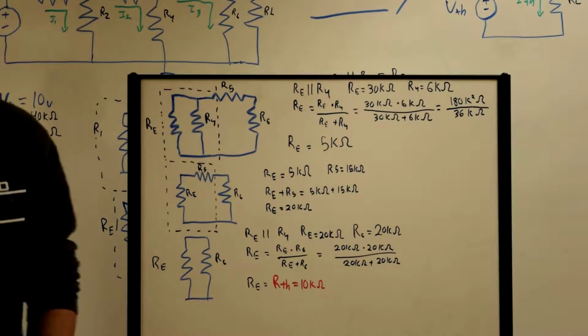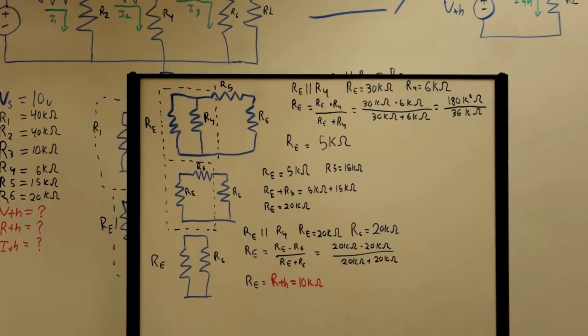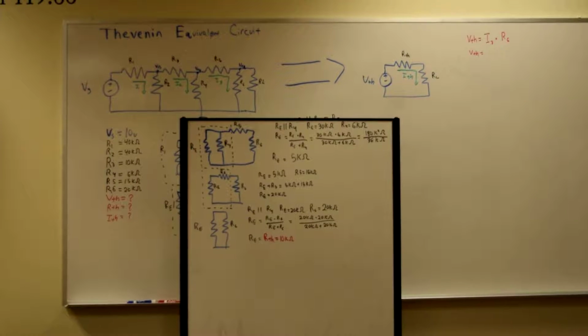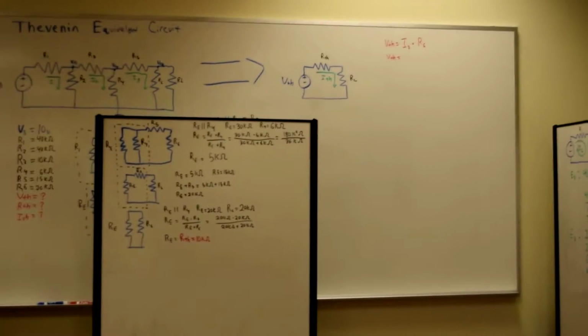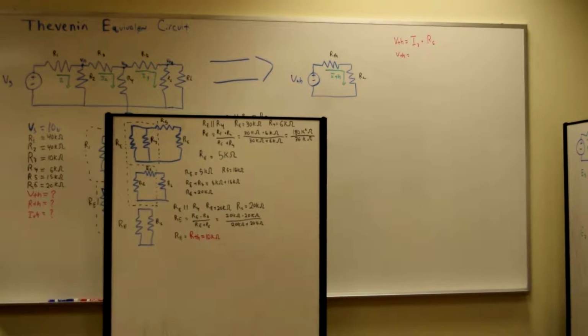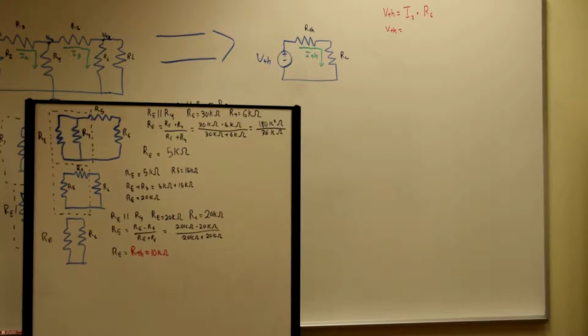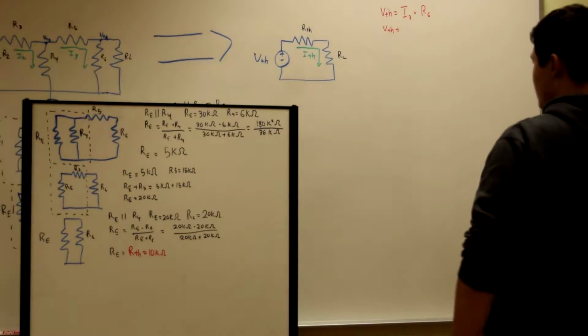Okay. So now, we have something else we need to do. Let me make sure I'm zoomed out so you can see me again. There we go. Okay. So as you can see, we're getting close.